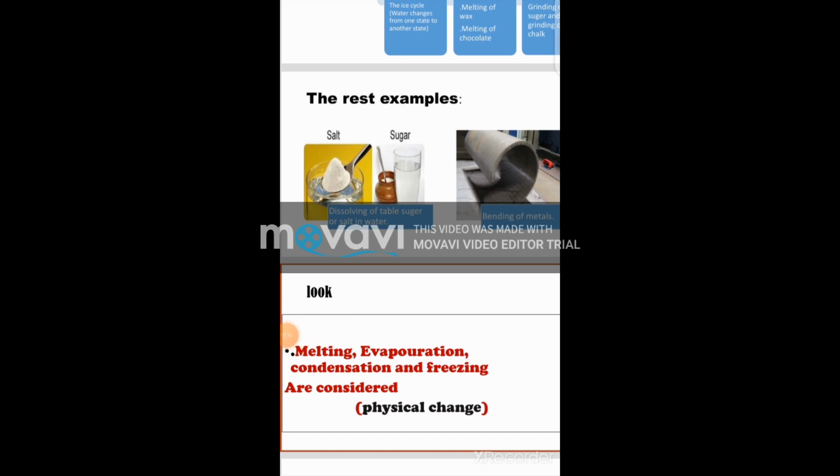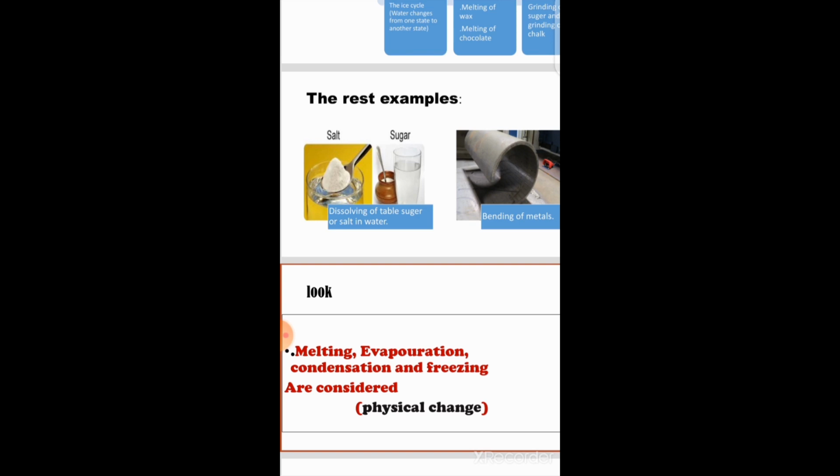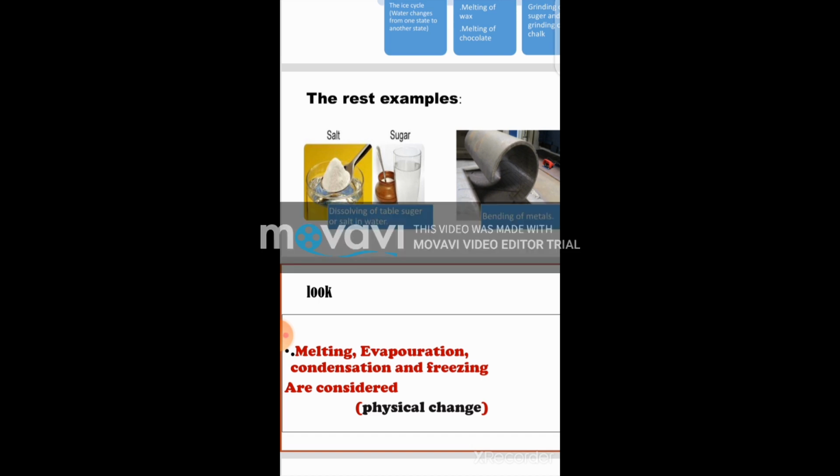At the end of this lesson, I have a number of questions for you. Put true or false. Burning a piece of paper is a physical change. True or false?